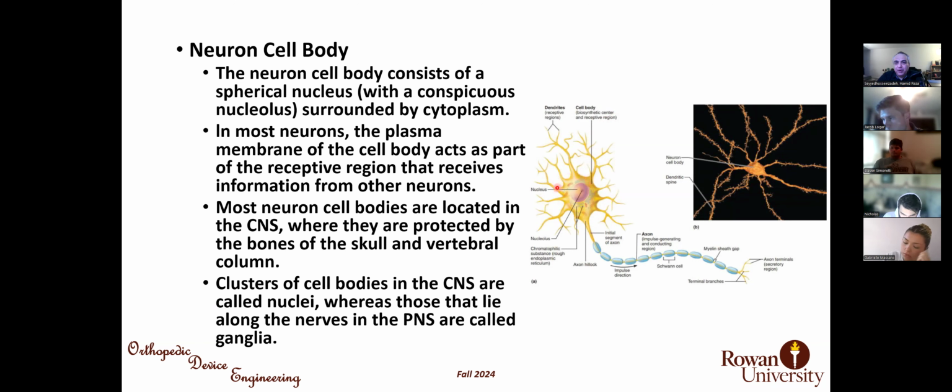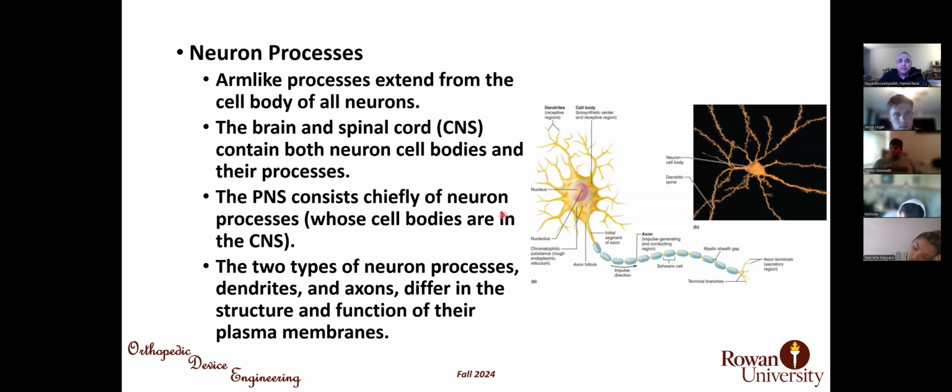From this cell body, several projections appear, and these projections are the main functional part of the neurons. These projections or processes are of two types: dendrites and axons.